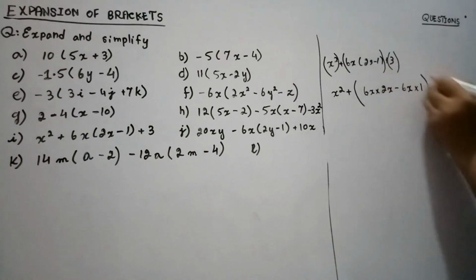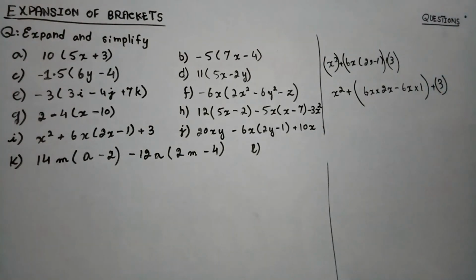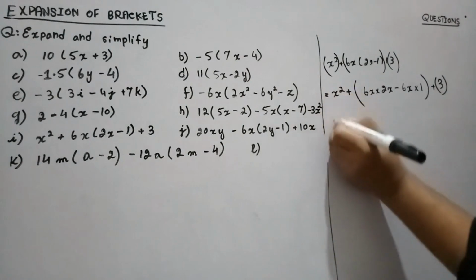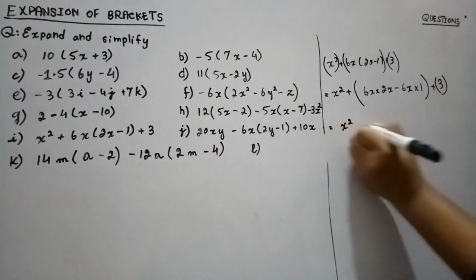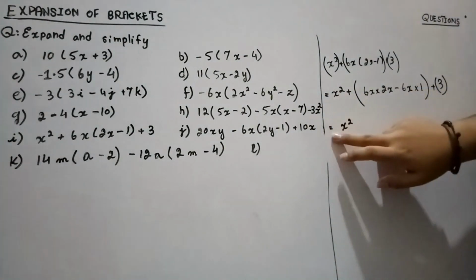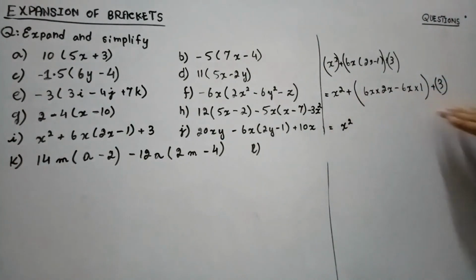Clear? And this plus sign and this 3 as it is. Okay, so now we use this equal to sign, because actually this is our next step, so we will show it with this equal to sign. Clear?